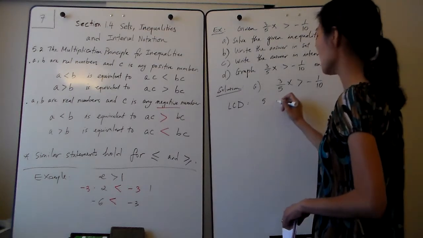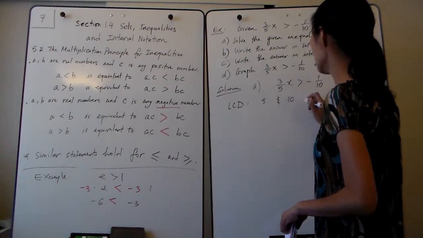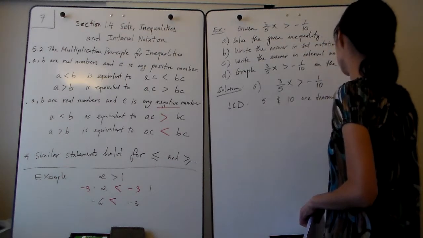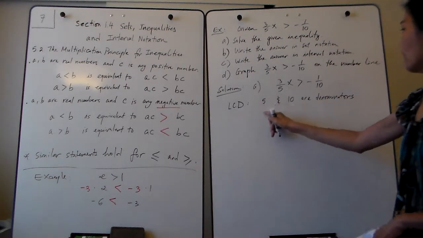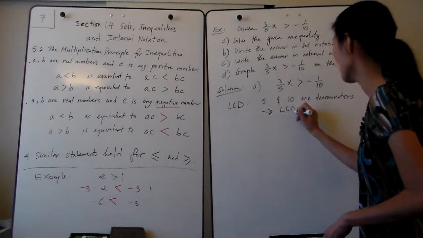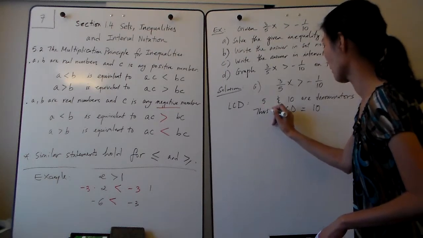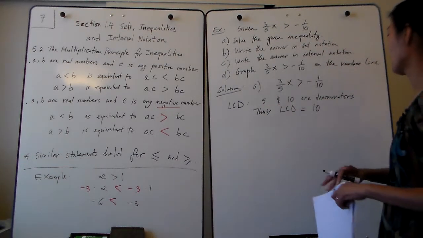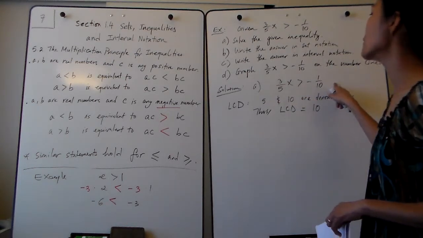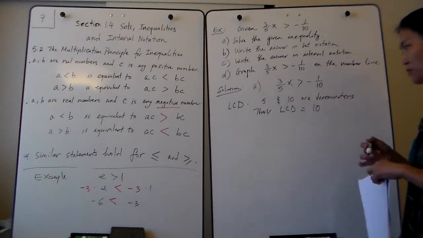So to find the LCD, 5 and 10 are the denominators, which means the LCD is 10. I'm going to multiply by 10 on both sides to remove the denominators of these two numbers.